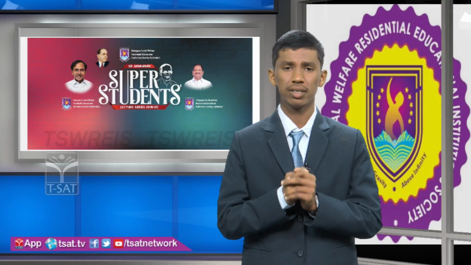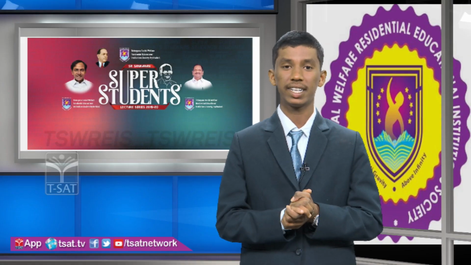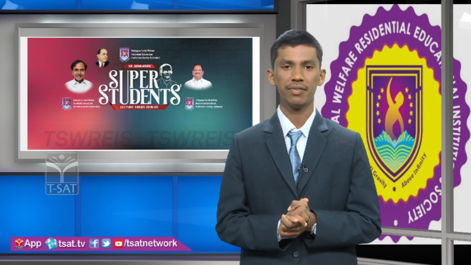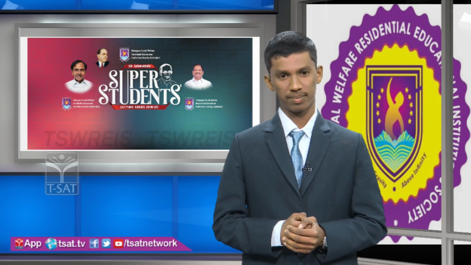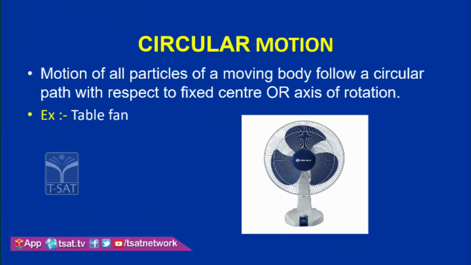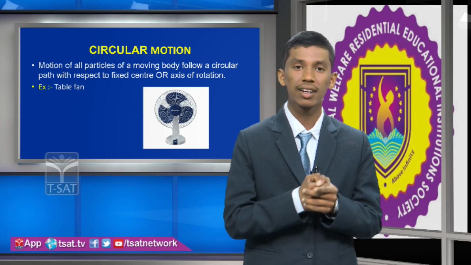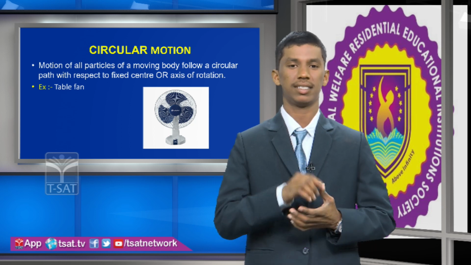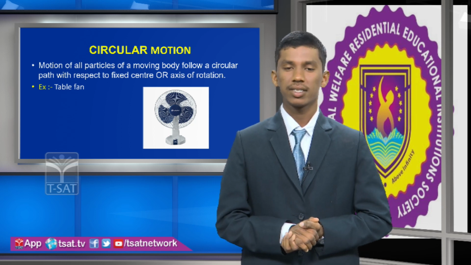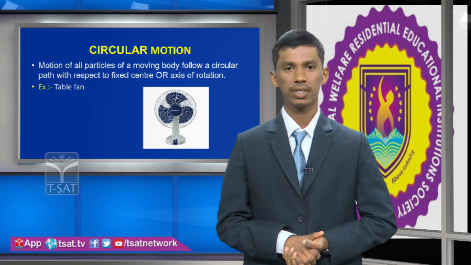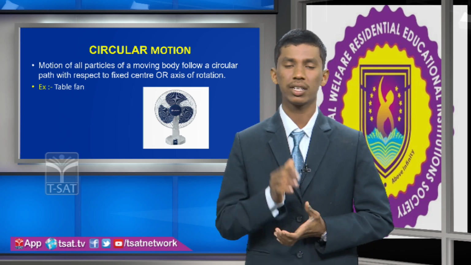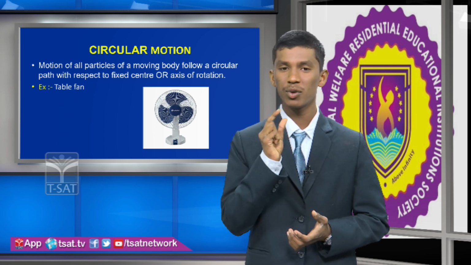Now let me discuss a special motion, that is circular motion. Circular motion is the motion of particles of a moving body in a circular path about a fixed axis. At our home, there is a table fan.